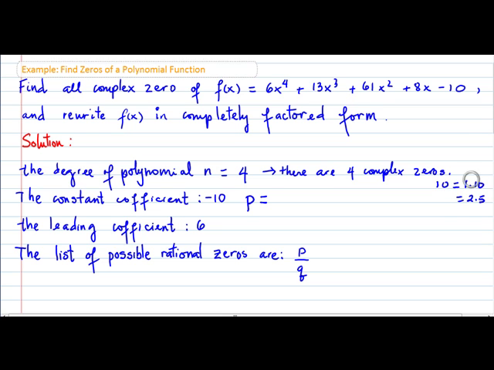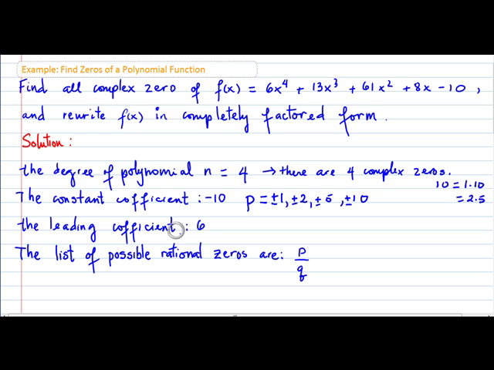These are the possible factors of 10. So I have 1, 2, 5, and 10. I want all the possible factors of 10. I can have plus or minus here to guarantee that I have all the possibilities. So now it's plus or minus there.